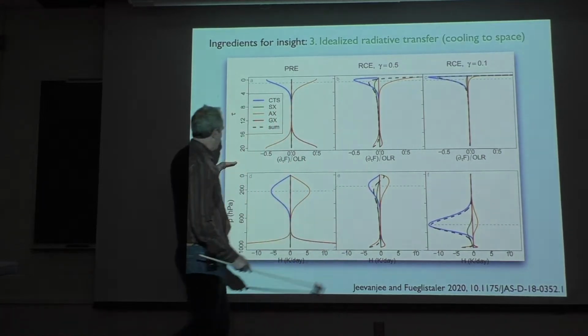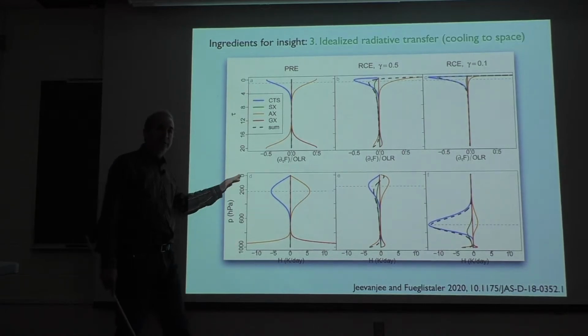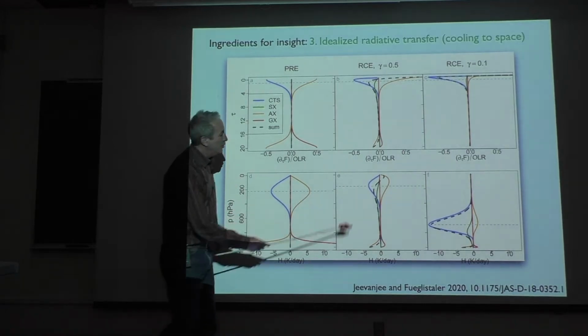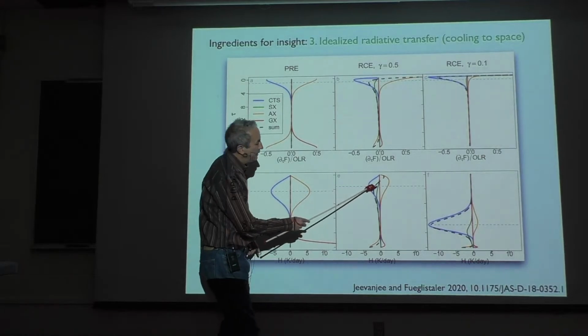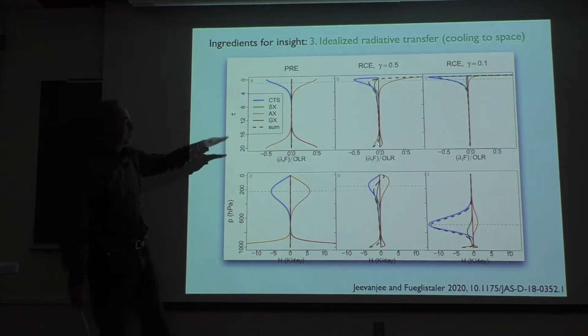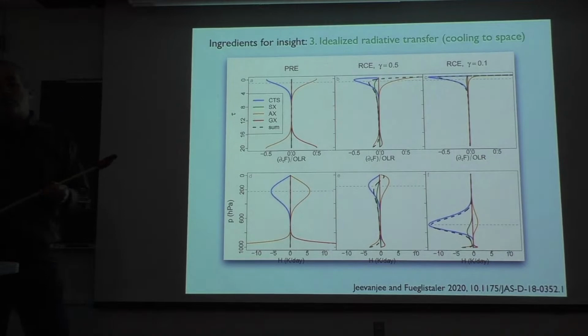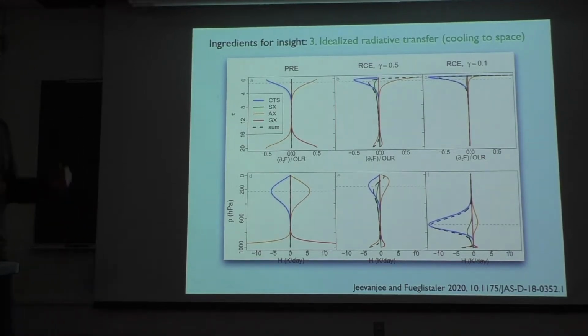But if you think about it in pressure units, so that is to say how much you are warming or cooling per increment of pressure, you see that the radiative cooling is dominated at about optical depth 1. And that's true for either of these kinds of stratifications. So we'll use this idealization over and over again, this cooling to space idealization, throughout this talk.